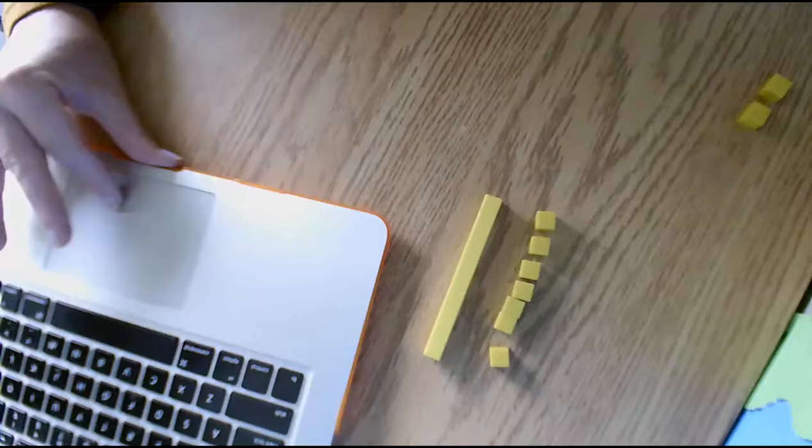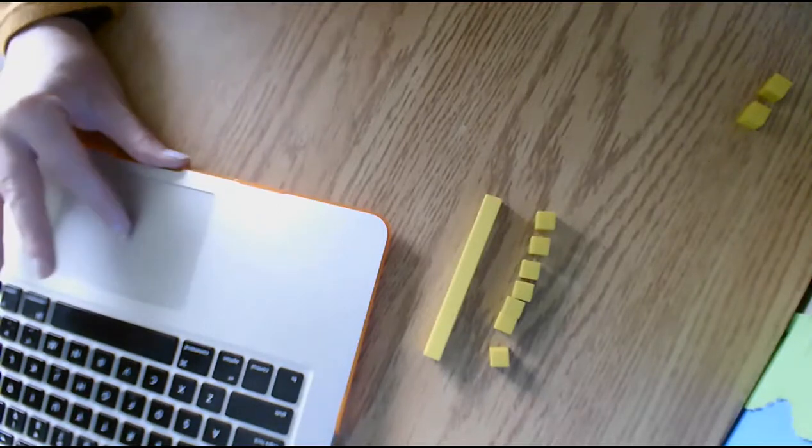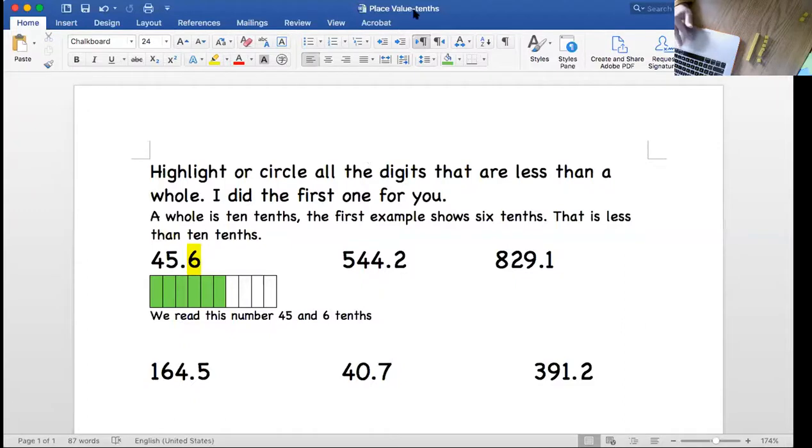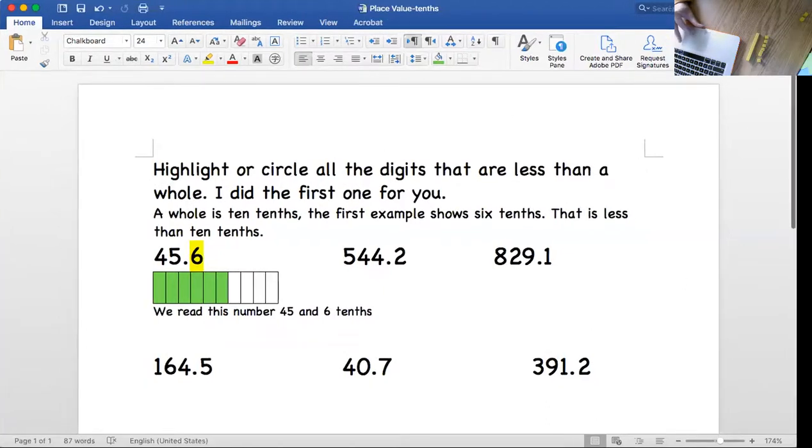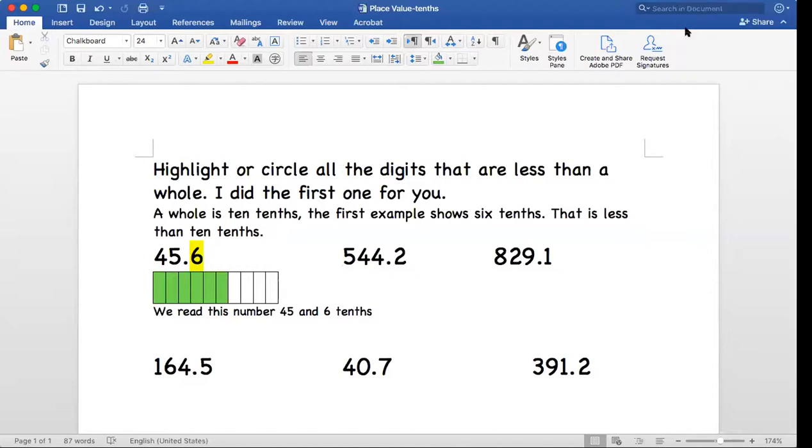Okay. So now I want to look at this paper right here. And this will be in your Google Classroom, I'm hoping. I am still practicing and learning. So on the paper that you'll see, the first job that I want you to do is to highlight or circle all of the digits that are less than a whole.